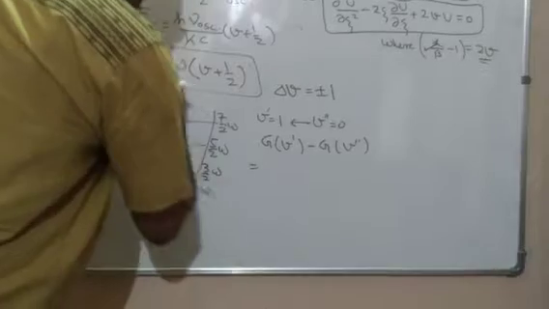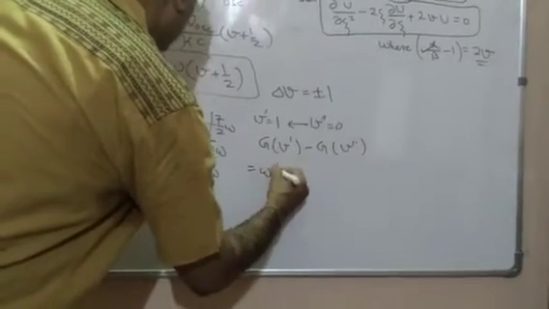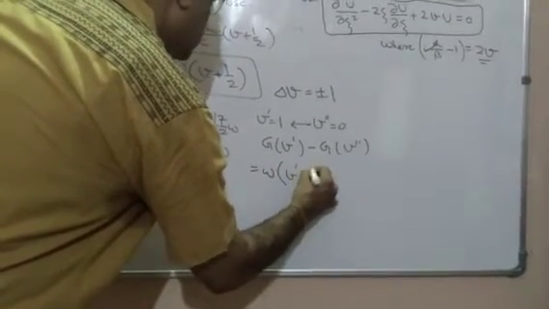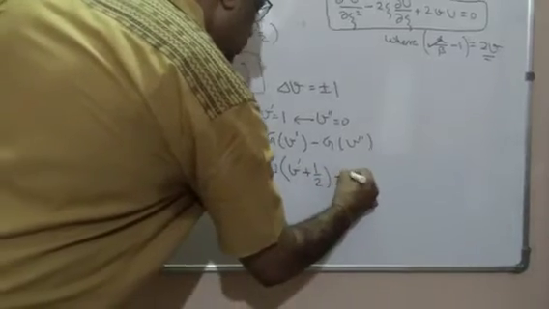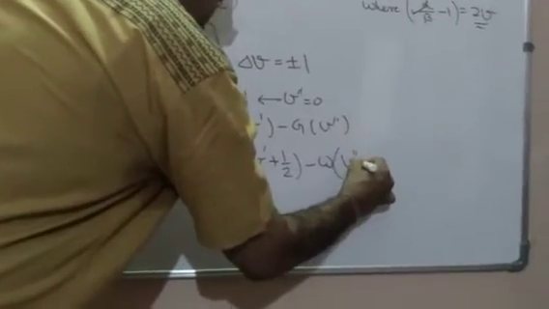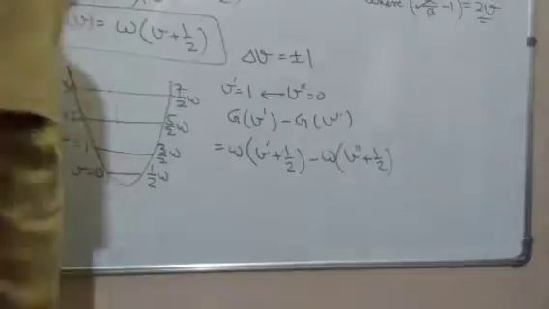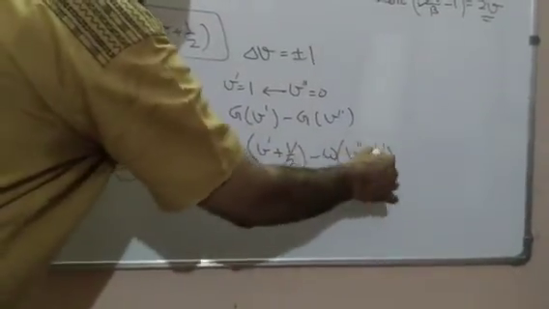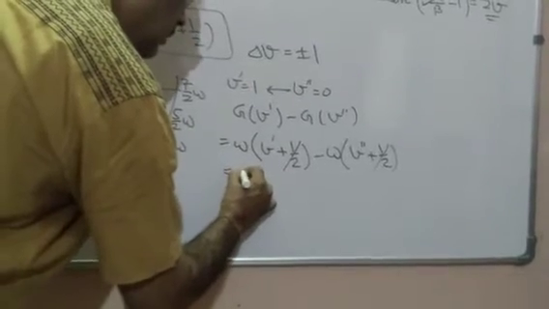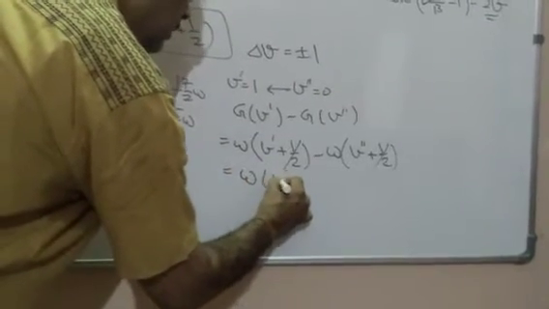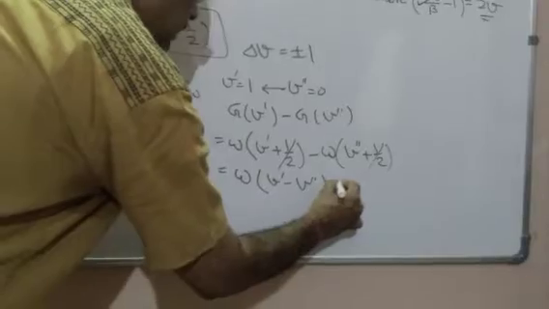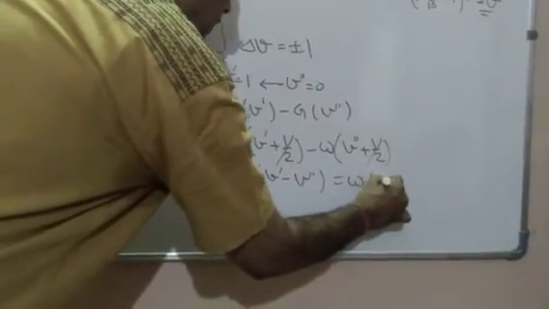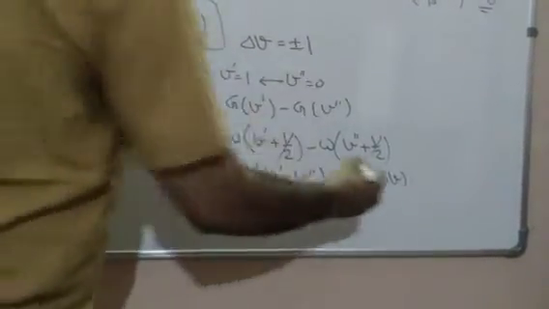If we substitute the values from here, what will it give? Omega (v' plus half) minus omega (v'' plus half). So you can see that the half terms will cancel out, and you will get omega (v' minus v''), and that is omega delta v, which if you take plus 1, will give you omega.